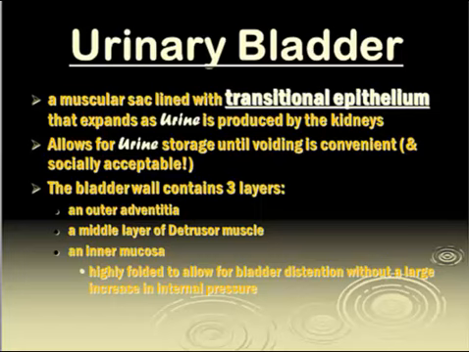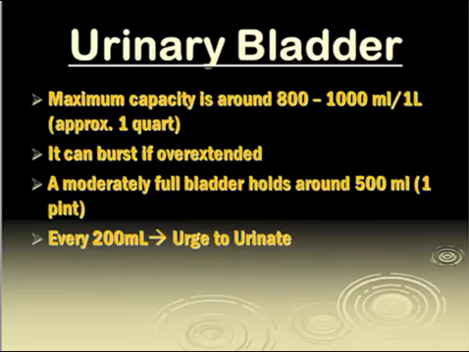Muscles found at the inferior aspect of the bladder would include the detrusor muscle, and when we urinate, we would relax that muscle. You get the urge to urinate with every 200 milliliters of urine occupying your bladder, and that urge is felt in your cerebral cortex in the insula, that deep central lobe, if you recall, located in the lateral sulcus.